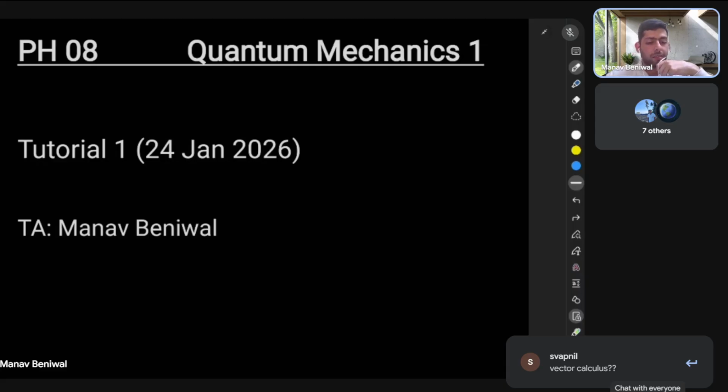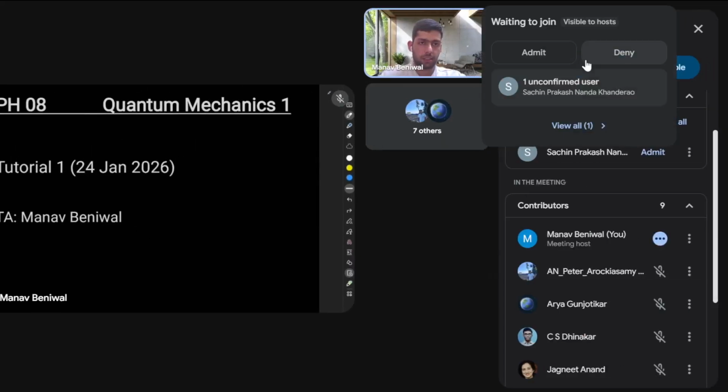I mean, vector calculus is required because, for example, the Hamiltonian that we write in the Schrodinger equation has that Laplacian in it.